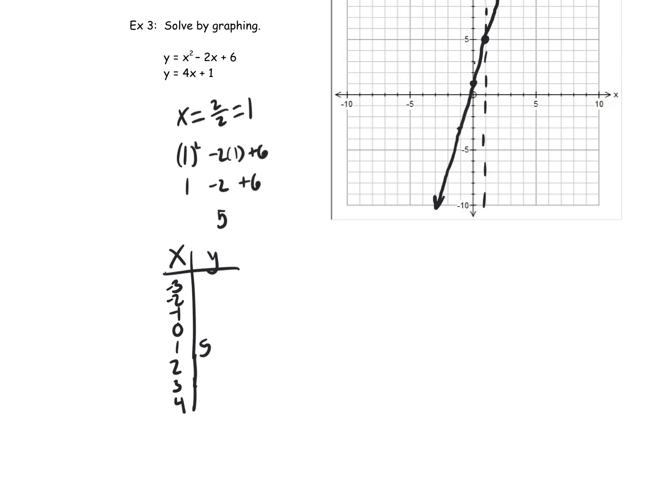If I run 0 through the function, that gives me my y-intercept, which I already know is 6. 3, if I run that through the function, 3 squared is 9, minus 2 times 3, so that's minus 6, so that's 3, plus 6, so that's 9. Let's see, 4 through the function, 16, negative 2 times 4 is negative 8, 16 minus 8 is 8, 8 plus 6 is 14.